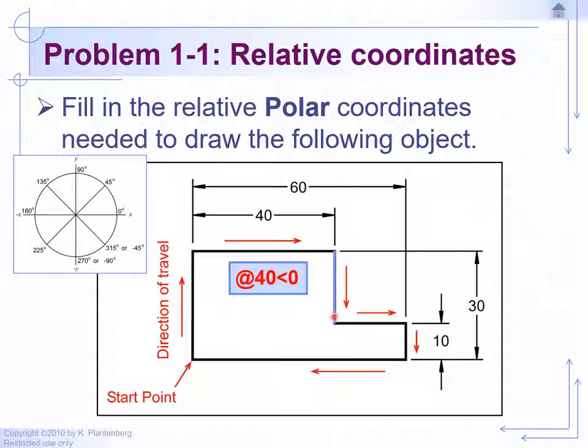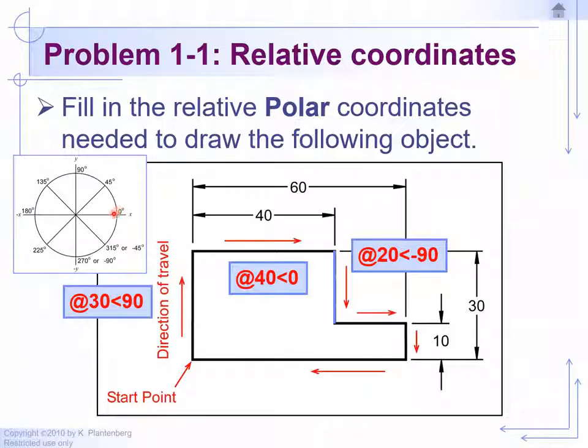To generate the next line, which is a length of 20, it's just 30 minus 10 is 20. Using relative polar coordinates, we're going to type in @, so that's with respect to the last point. We're going to go a length of 20 at an angle of 270 degrees or minus 90.